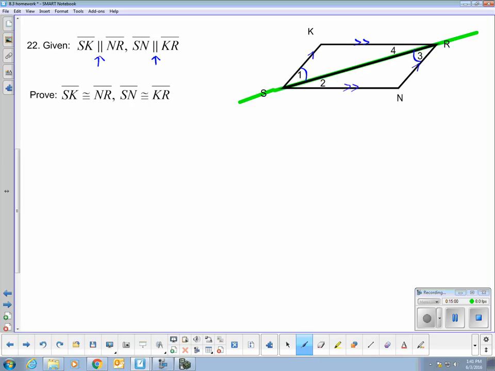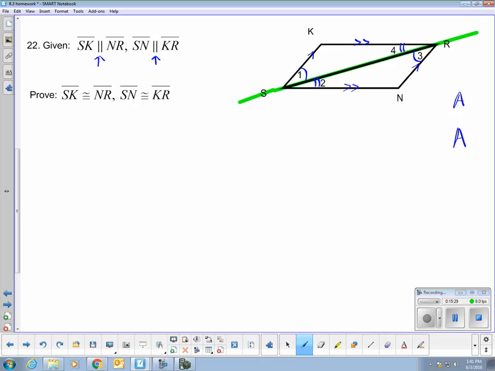And what we know about alternate interior angles is that they are congruent if indeed we have parallel lines. So in this diagram we have angle 1 is congruent to angle 3. So for one pair of angles, we're off to a start. In addition, angle 2 is congruent to angle 4 because they are also alternate interior angles.